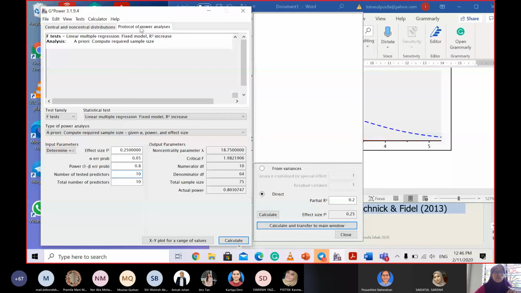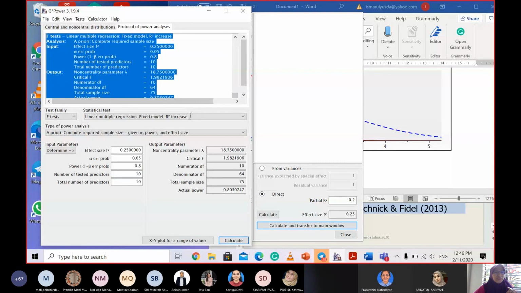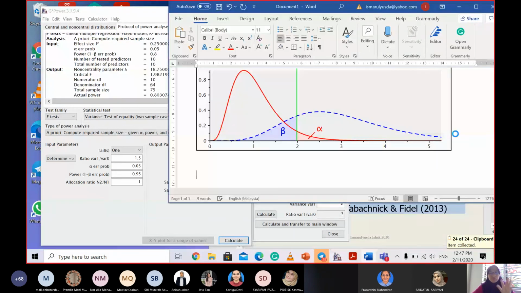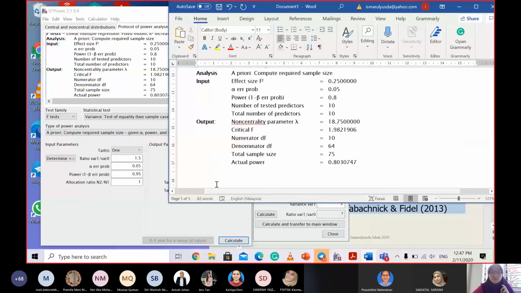Okay, protocol. If you want to print this, control copy. This also you can put in your proposal.